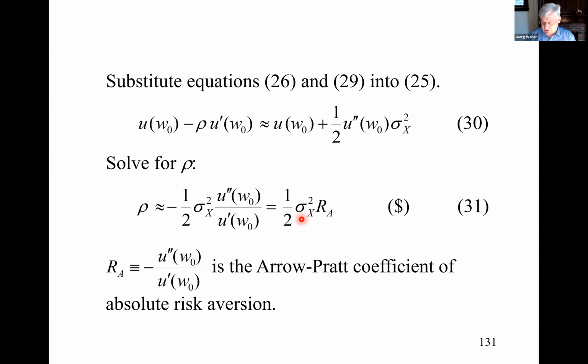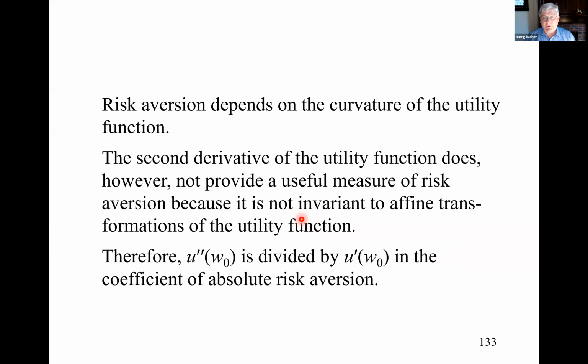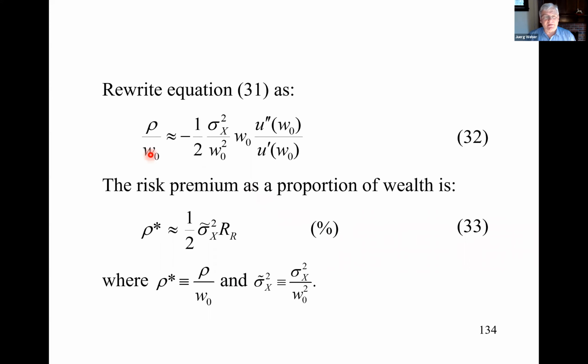I divide it by wealth here, and I divide by wealth here. And then to get the square, at the same time I divide again by wealth and I multiply by wealth. So I do two steps. I divide by wealth on both sides, and then I divide and multiply wealth on top and below. So I get here wealth squared.